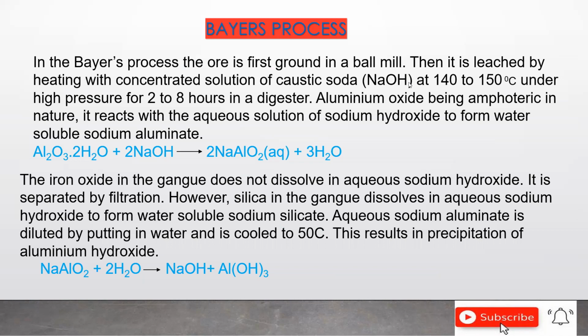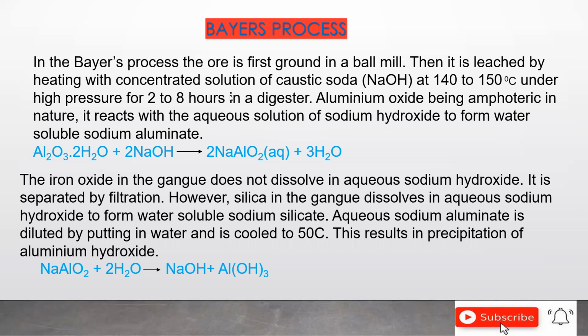So first the ore is powdered, then it is leached by heating with concentrated solution of sodium hydroxide at a temperature of 140 to 150 degrees Celsius under high pressure for 2 to 8 hours in a tank called digester.